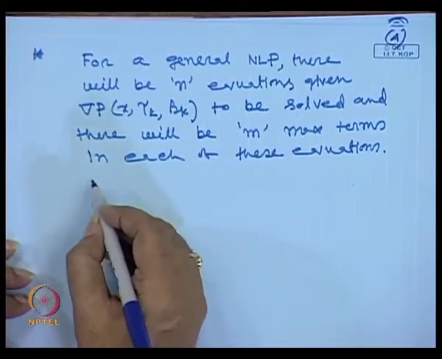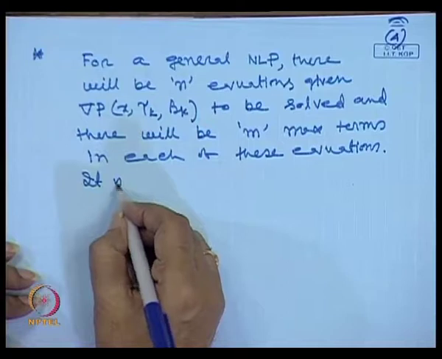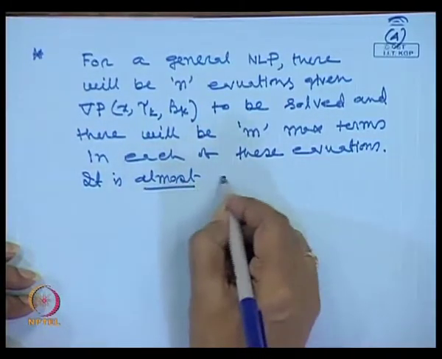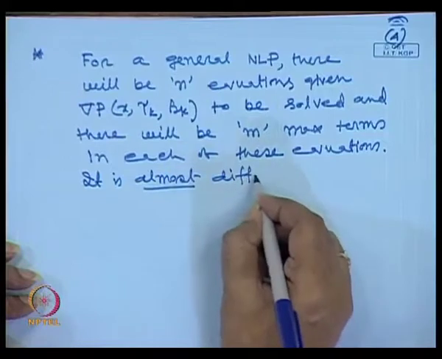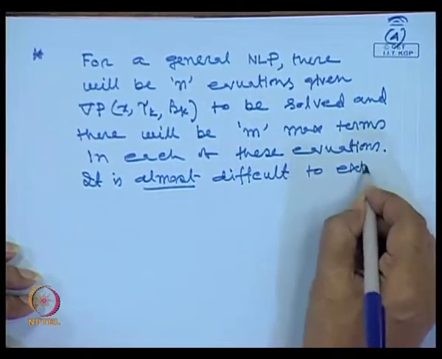Let us see what this is. If you recollect our earlier problems, the exterior penalty function method generates a sequence of infeasible solutions that converges to a feasible and optimal solution.